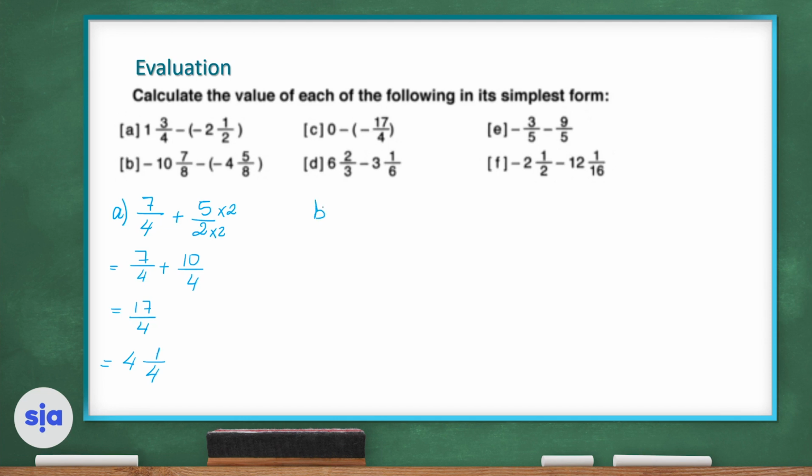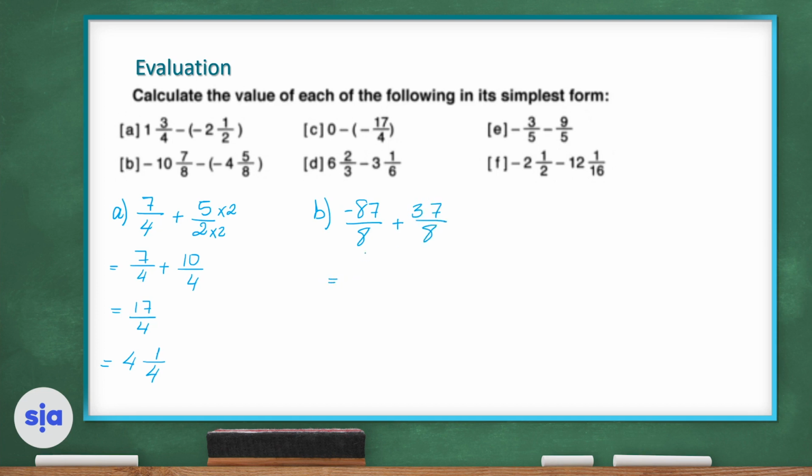Question B. Negative 10, 7 over 8 minus negative 4, 5 over 8. I recommend that you guys change this into a fraction. It will be negative 87 over 8 plus 37 over 8.